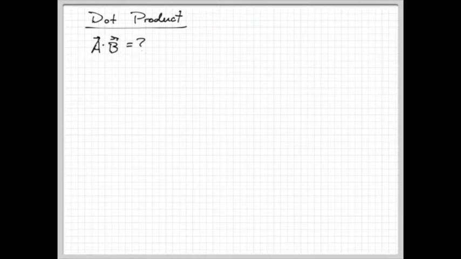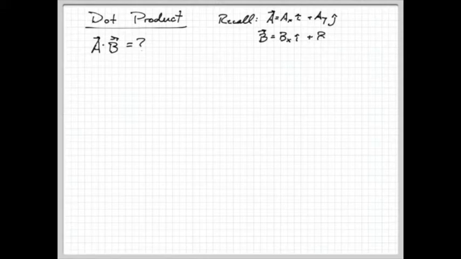You can recall from earlier, if we had these two vectors, say A vector is some x component in the x direction and some y component in the j direction, and the B vector has an x component and y component as well.